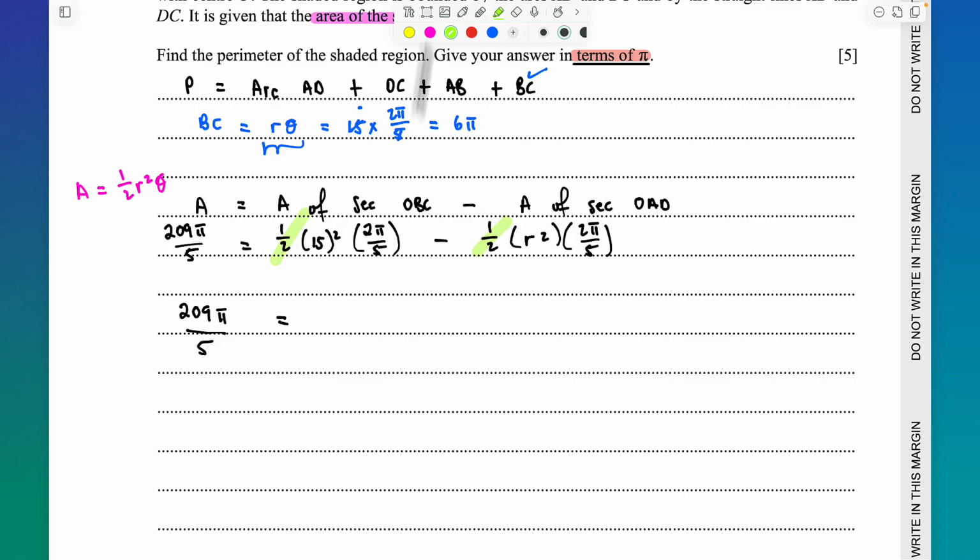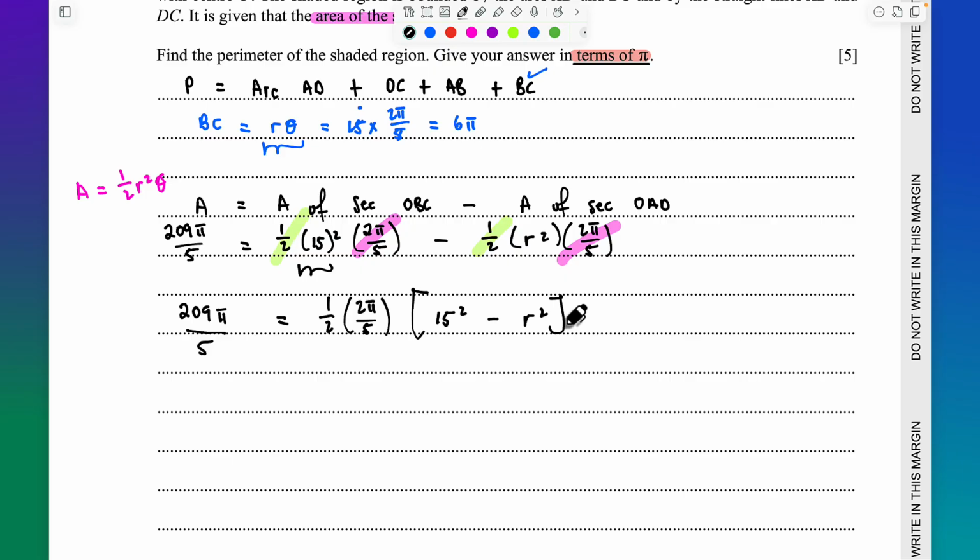This term has a 2 pi over 5, and this one has a 2 pi over 5. It looks like I'm cancelling out, but I'm just highlighting the common terms in case that's confusing. So we want to factor those out: we can factor out half, and we can also factor out the 2 pi over 5. What we're left with on this side, in big brackets, is the 15 squared, because that's the only one left over here, and then we still have the minus sign and r squared.